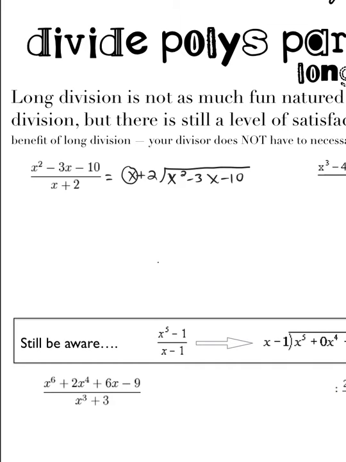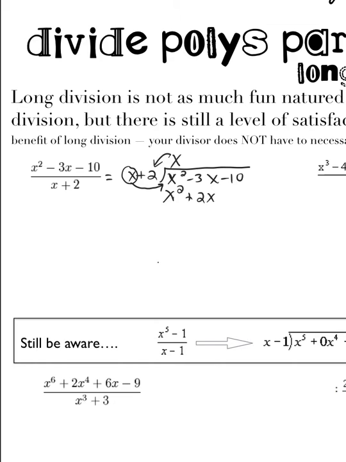For instance, if I look at x and I ask myself, what do I have to multiply x by to get x squared, then I would put an x up here, right? X times x is x squared. I also have to multiply this by the second part, so x times 2 is 2x.